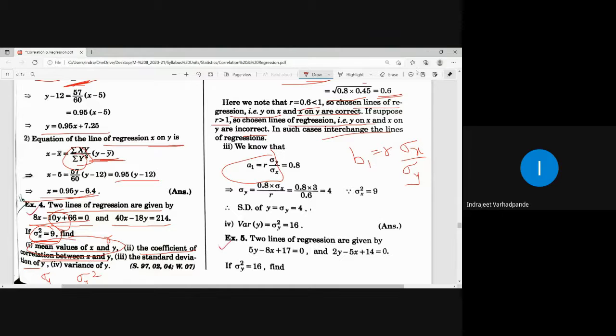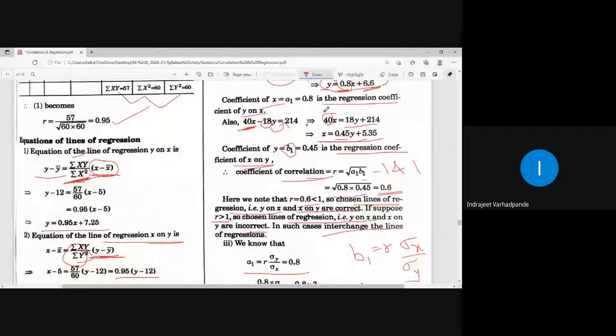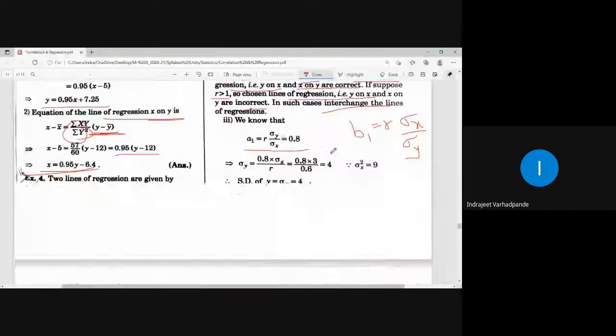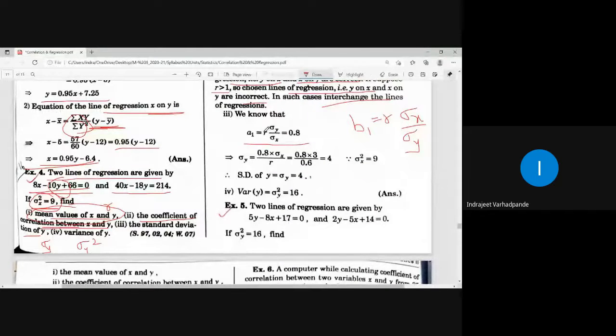So from the formula, a1 is equal to r into sigma y upon sigma x, and a1 is nothing but 0.8, which we have calculated. So r is known, and sigma y we have to calculate.